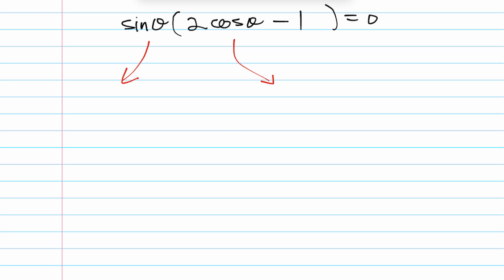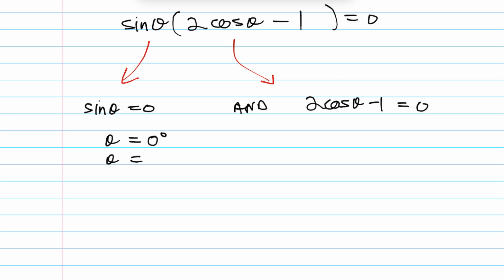We can now say either sine theta is equal to 0 or 2 cos theta minus 1 is equal to 0. Solving theta for both of these should give us answers as 0 and 180 degrees. Don't forget to write plus k 360 for both results.